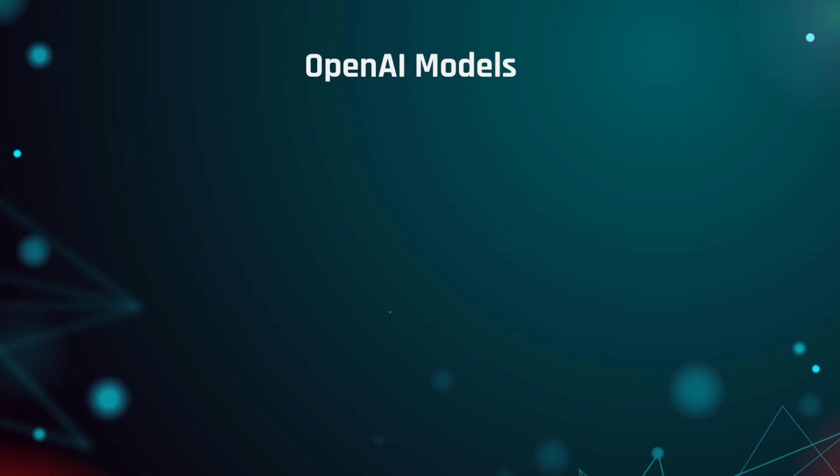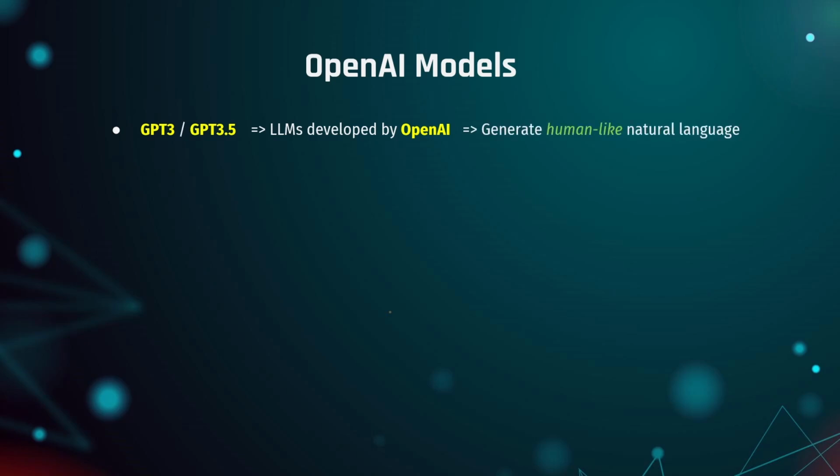Our focus for this course will be on GPT-3 and 3.5, which are the third generation of large language models developed by OpenAI with the single goal of generating human-like natural language.